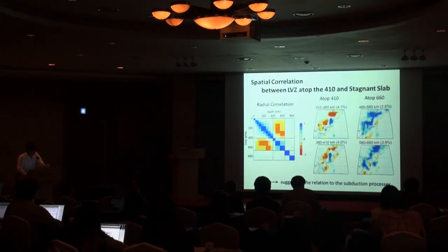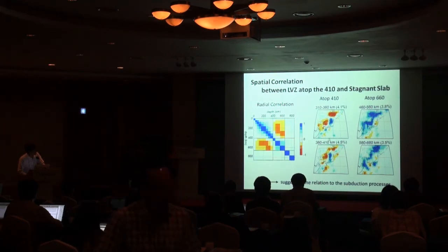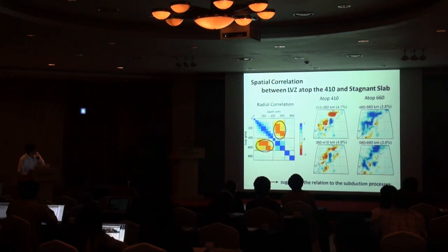Now, I will show the details of the focus features. First, as for the low velocity anomalies above the 410, they have good spatial correlation with the location of the stagnant slabs. This shows the radial correlations, and we can see the structures above the 410 and structures in the transition zone are nicely anticorrelated.